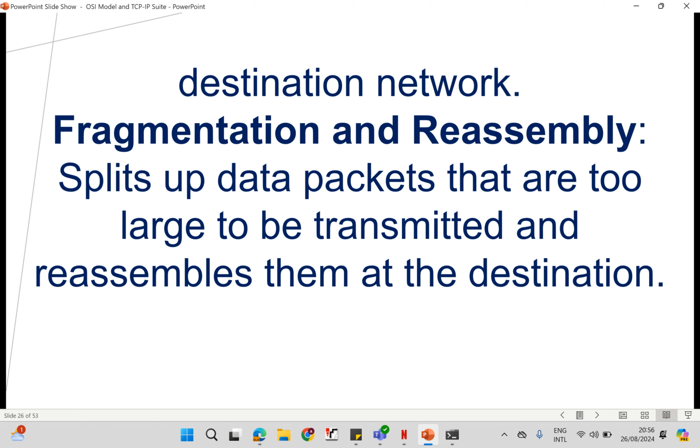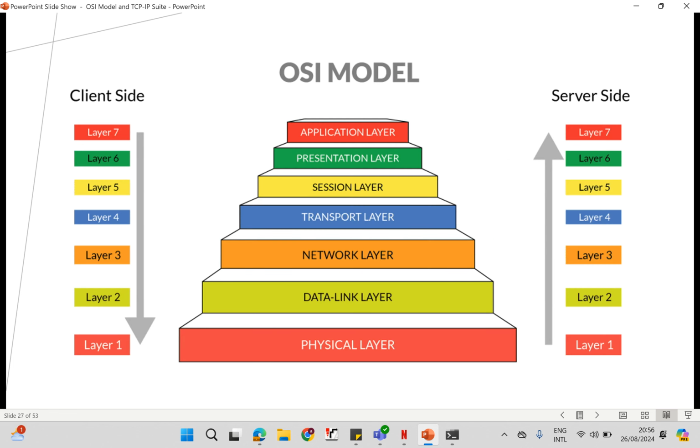So you cut it into pieces. However, all of them are going to settle down in the tummy at the end of the whole day. So this is the same thing that happens. Layer 3 helps to break down data packets that are too large into fragments and then reassemble them at the other system where they are being sent to.